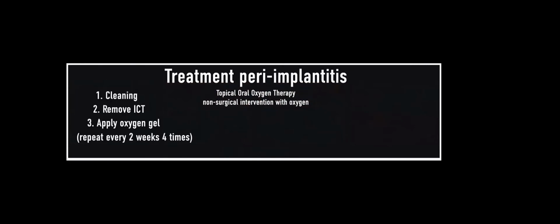So first, with our topical oxygen, we give anesthesia, we clean the site, we try to remove inflamed connective tissue non-surgically, and we apply the oxygen gel. We instruct our patient with a lifestyle change and try to get them to use these oxygenated products. And we do this every 2 weeks.